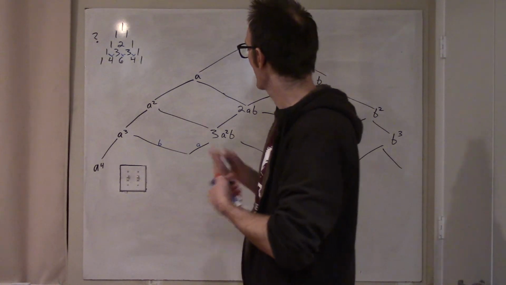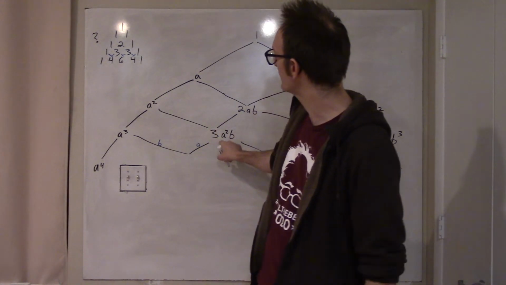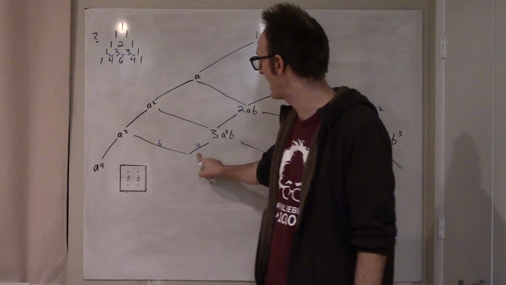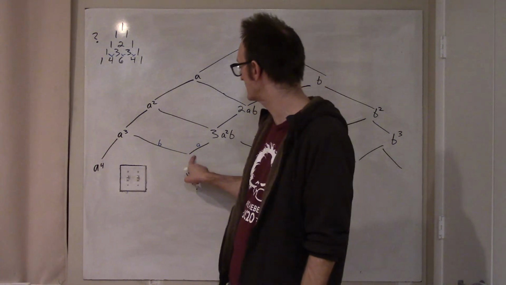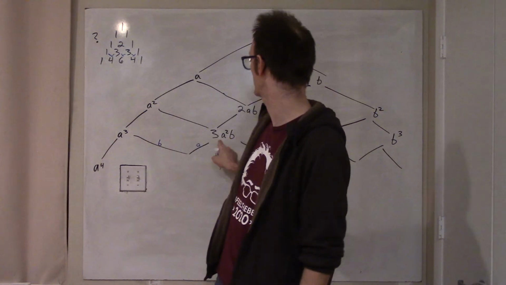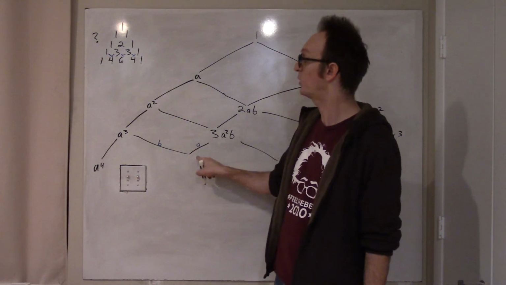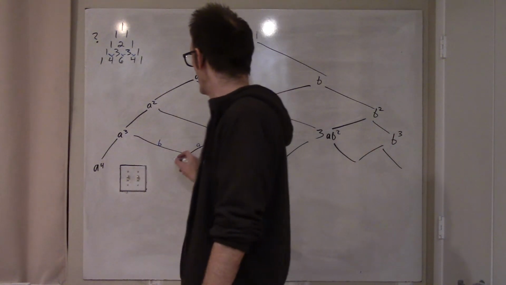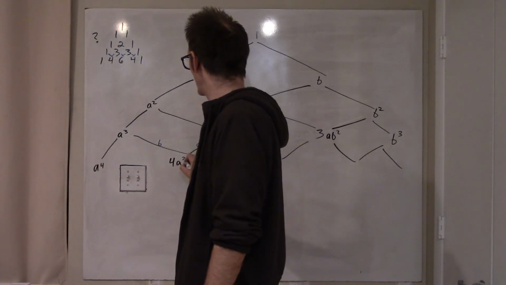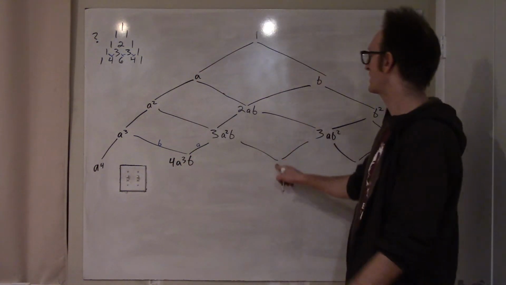Multiplying 3A squared B by A gives me 3A cubed B, and now I have another A cubed B, giving me in total 4A cubed B. And that just keeps happening, right?